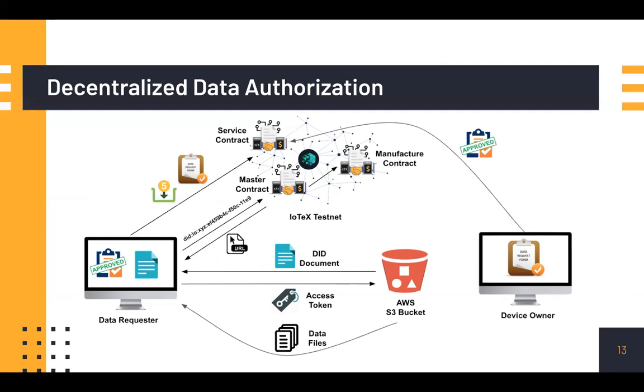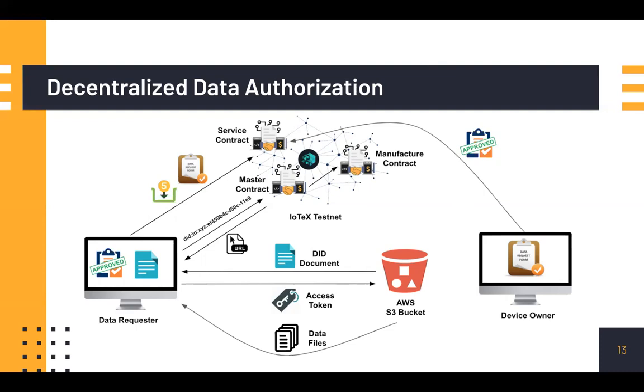Then the device requester will deposit a certain amount of cryptocurrency as well as specify the data they want to access. On the other hand, the device owner will monitor this service contract.